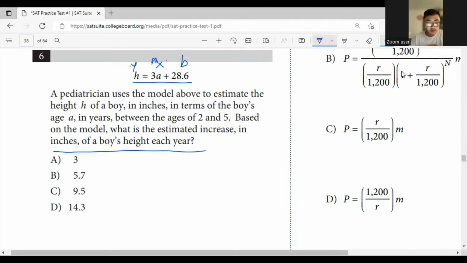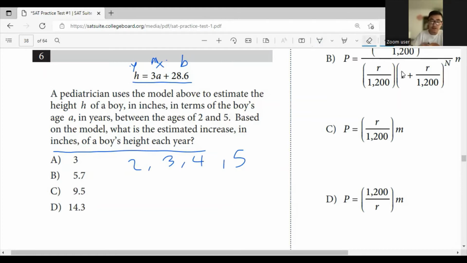Okay, what is the estimated increase in the boy's height each year? So every year that passes, say 2, 3, 4, 5, how much does it increase each year? All you could do is make a little table.